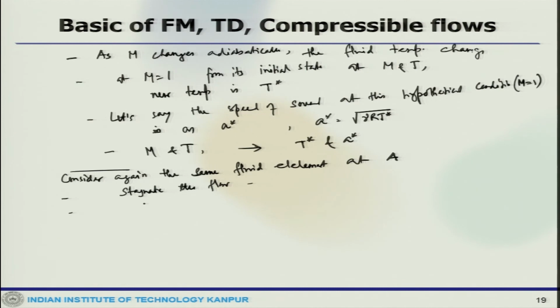Now, the pressure and temperature of the fluid element when V is 0 are defined as stagnation pressure and stagnation temperature, which are P naught and T naught. That means at the velocity 0 condition, this is what the pressure and temperature would be. These are called the stagnation pressure and stagnation temperature.